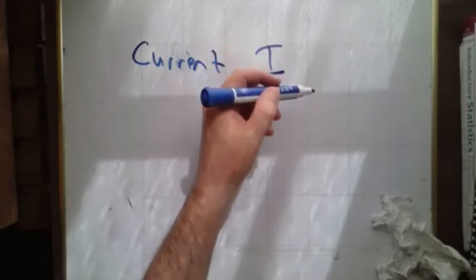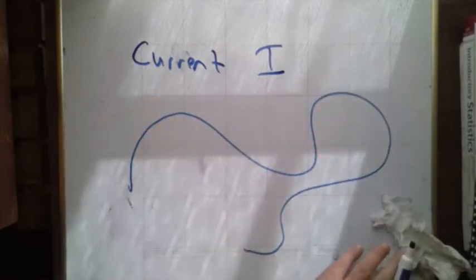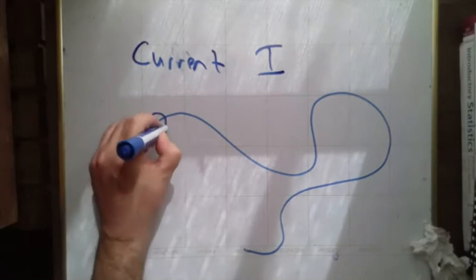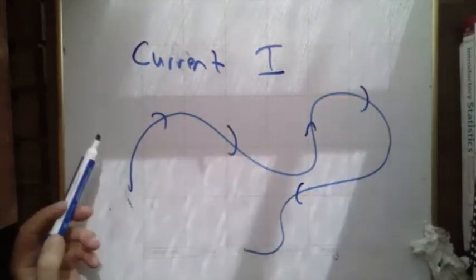So current, I, is not a vector, even though it does have direction, it does point in a direction. We'll talk later about assigning a vector to I. So I might have maybe a wire that looks like this, and I might say my current is flowing this way.